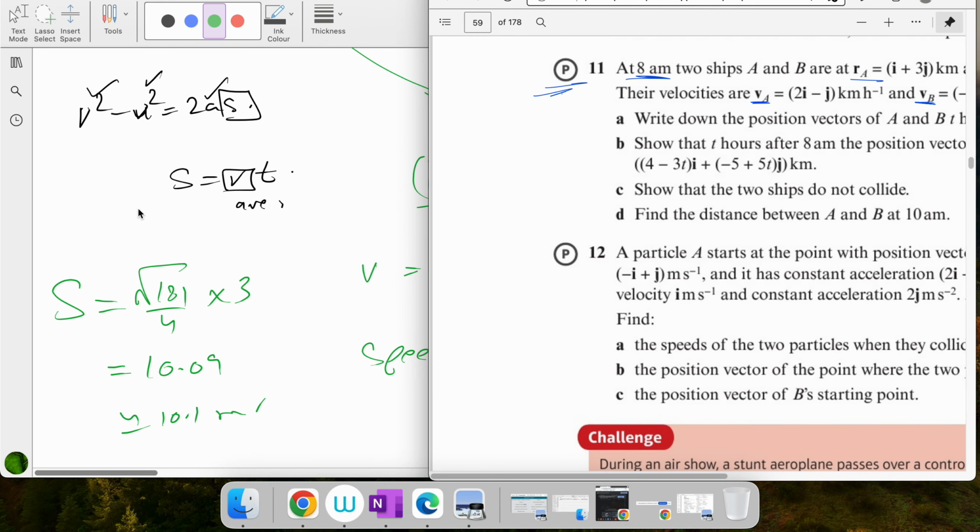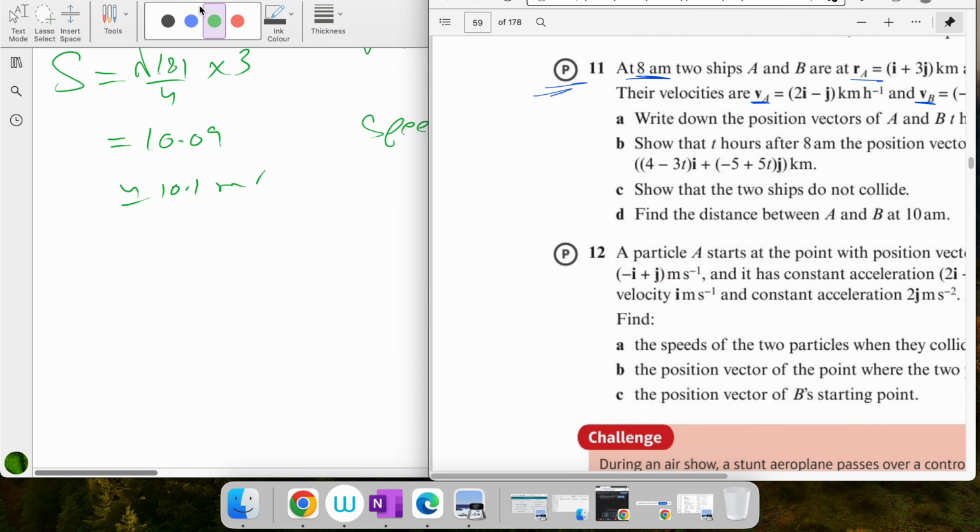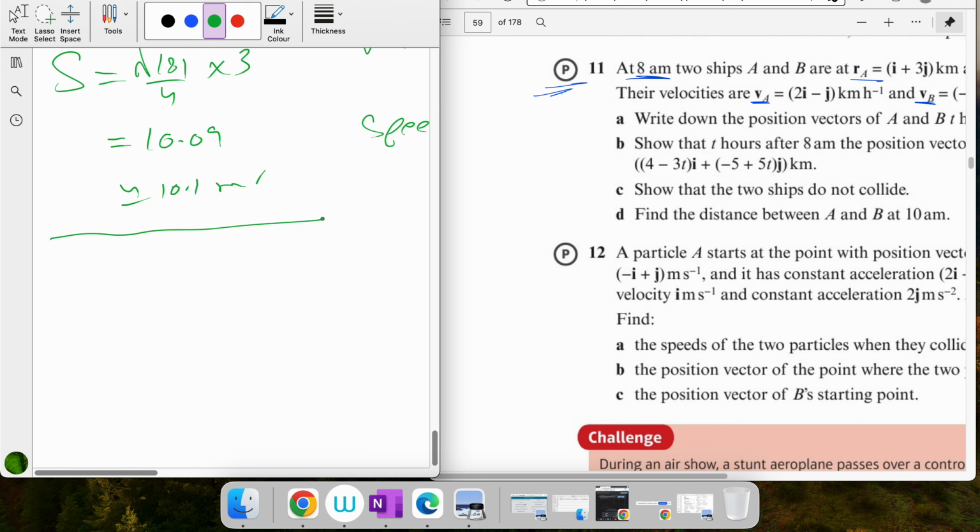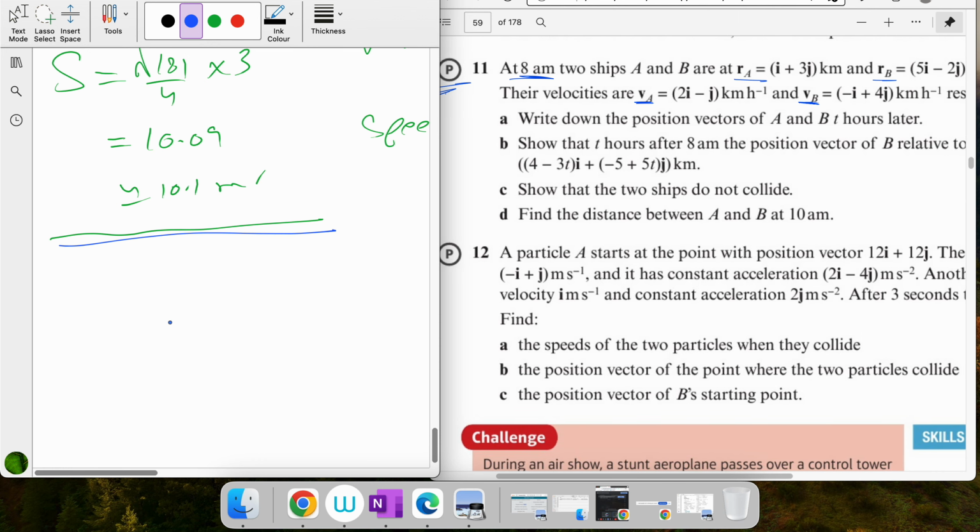So let's write it here. We may need it for the later half of the question. So the new position equals the old position plus vt.